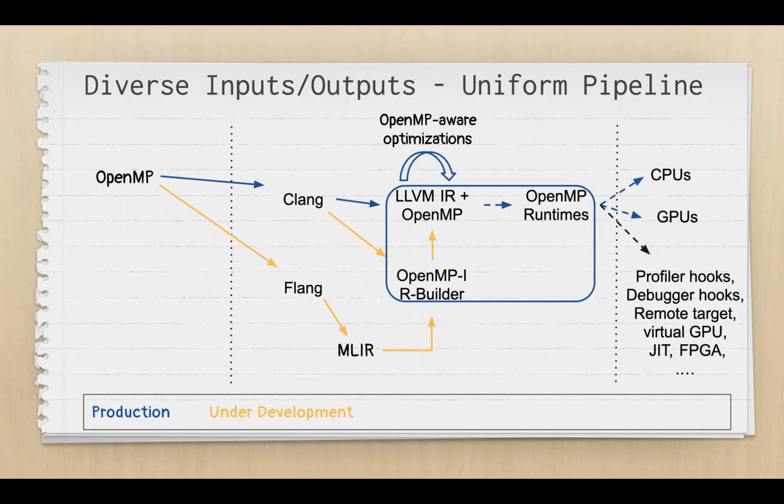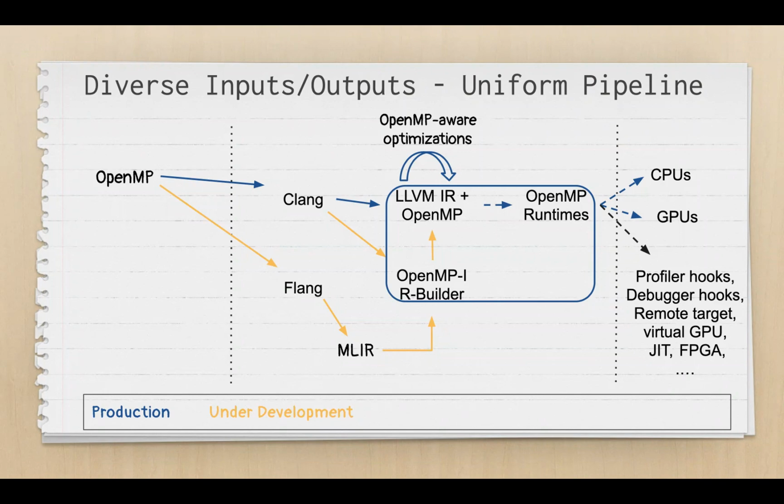We have profiler hooks, debugger hooks, remote offloading, virtual GPUs to do debugging, just-in-time compilation. There are FPGA targets, not in LLVM upstream, but available online, and so on. So all these features are available to you if you use this compilation toolchain and these runtimes.